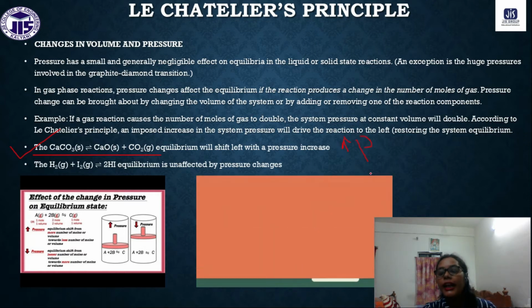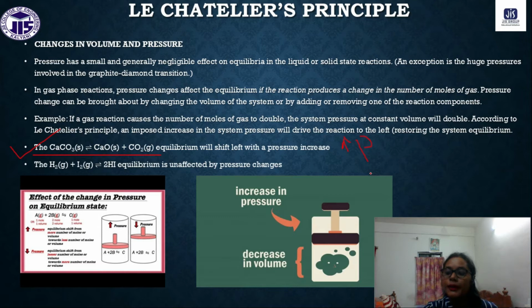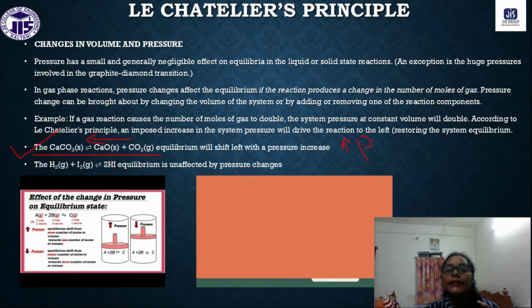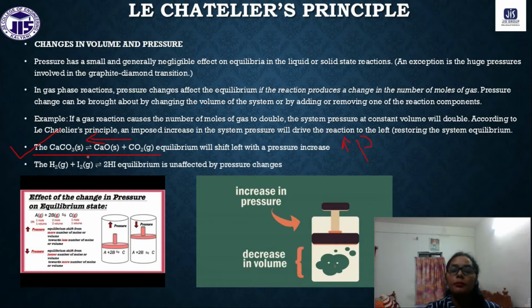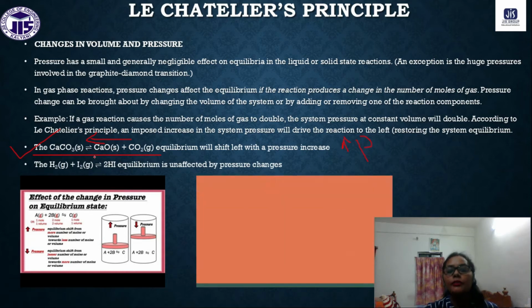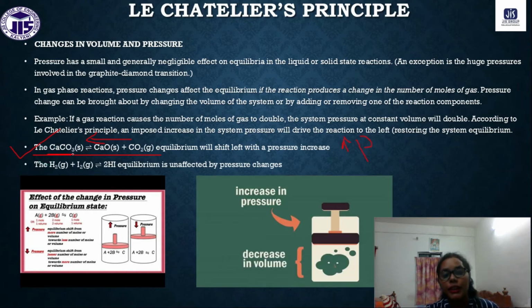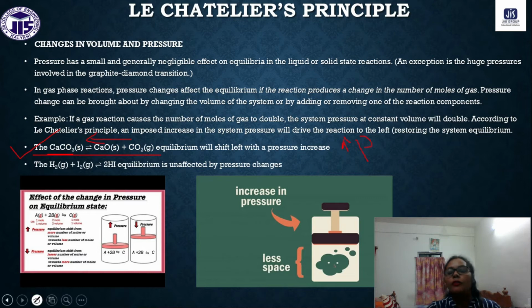That means we have very little space to accommodate the particles. So the reaction will go backward, where fewer molecules are formed. That means the product molecules combine with each other and form calcium carbonate. So if you increase the pressure, the backward reaction will be favored.